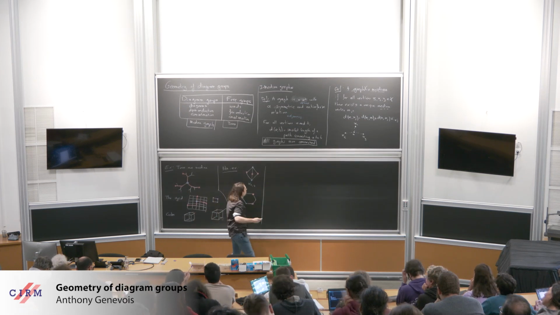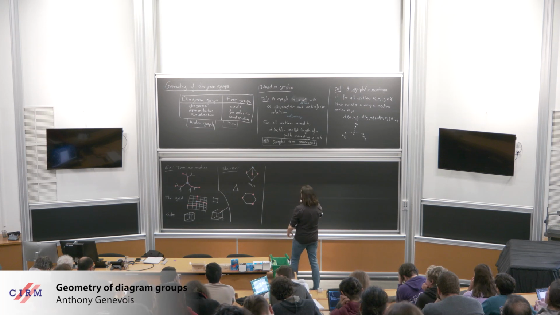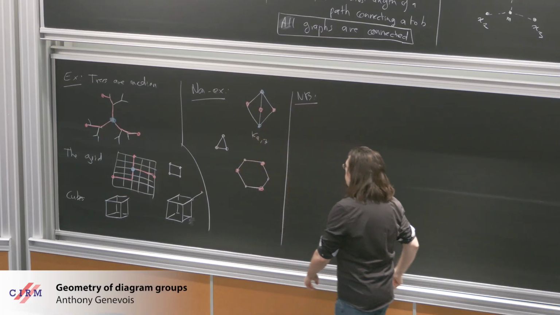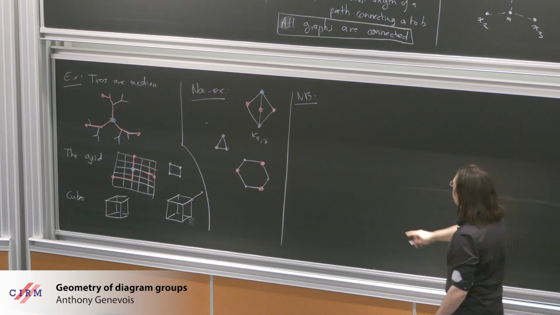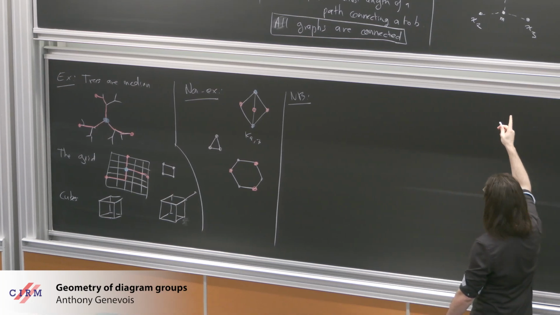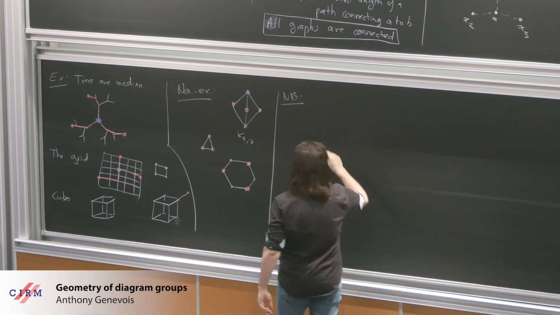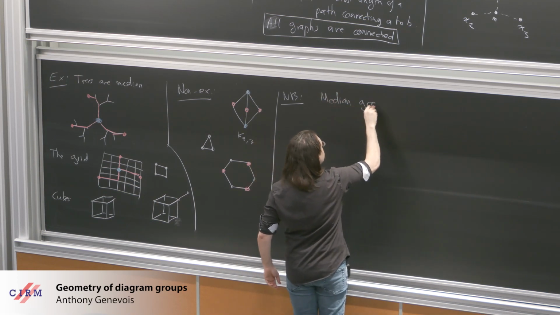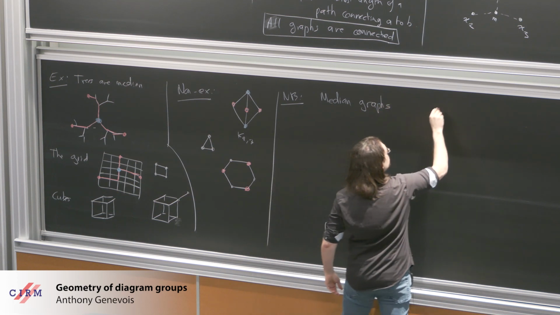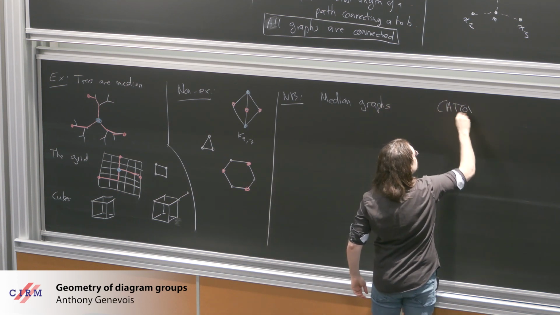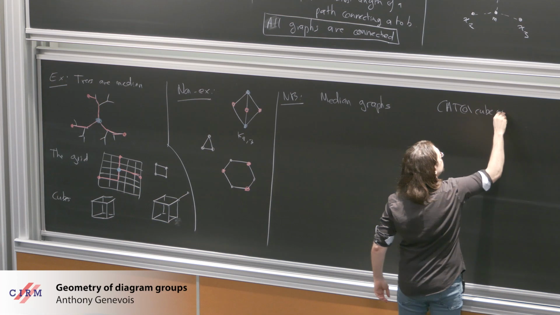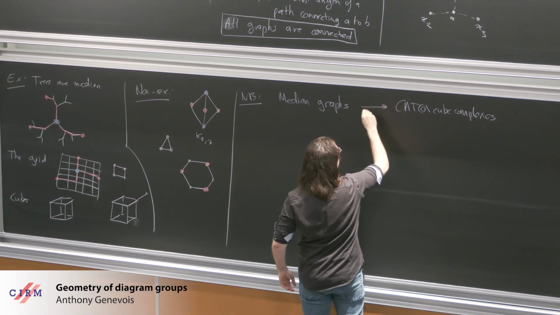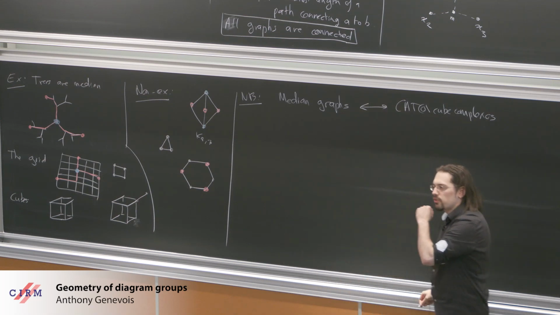Okay, so speaking about geometric group theory, a remark. If you come from geometric group theory, maybe you already met median graphs, but with another name. And they are the same.